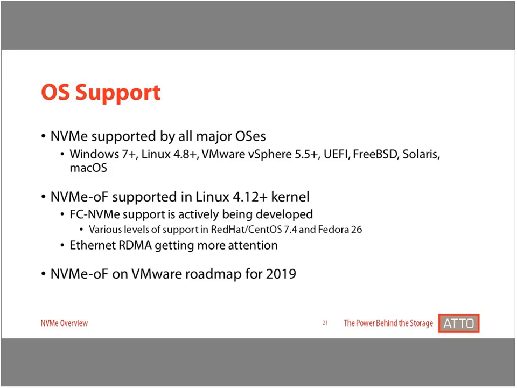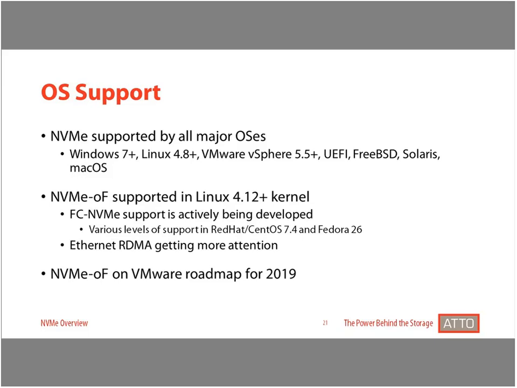NVMe over Fabric was supported in Linux kernel 4.12 and higher. Over Fabric NVMe is not supported in Windows or Mac OS yet. So Fiber Channel NVMe support is actively being developed in various releases, including Red Hat and CentOS 7.4 and Fedora 26.